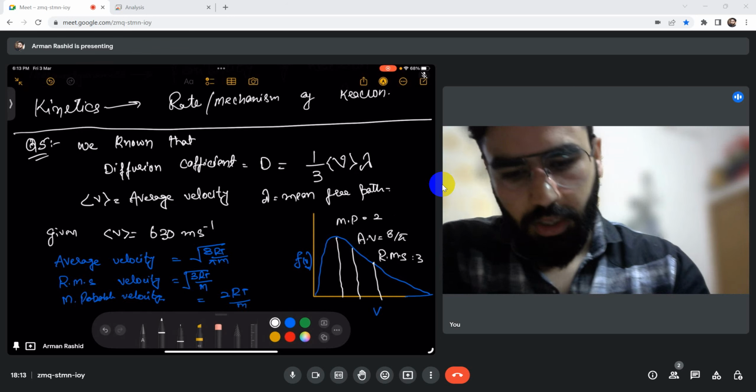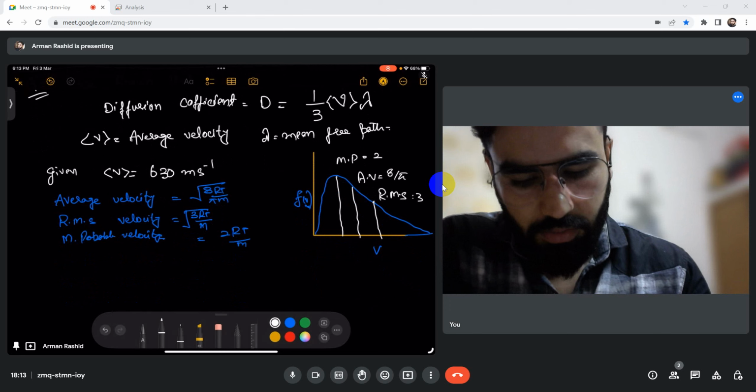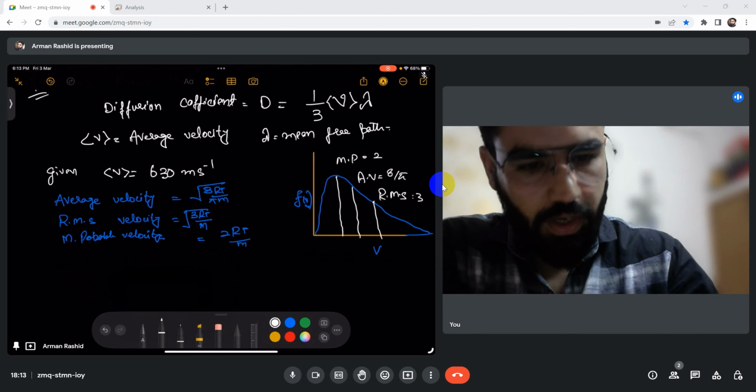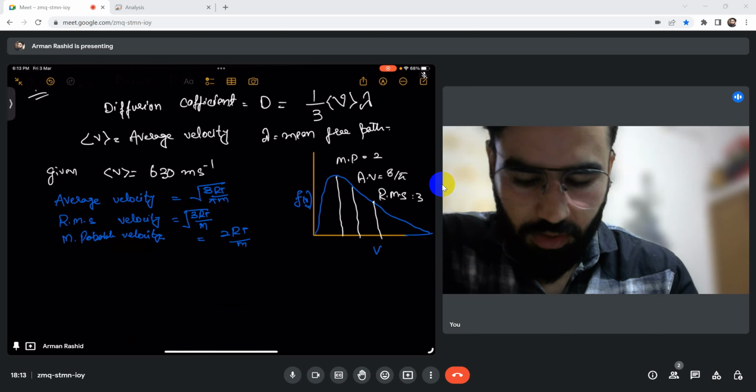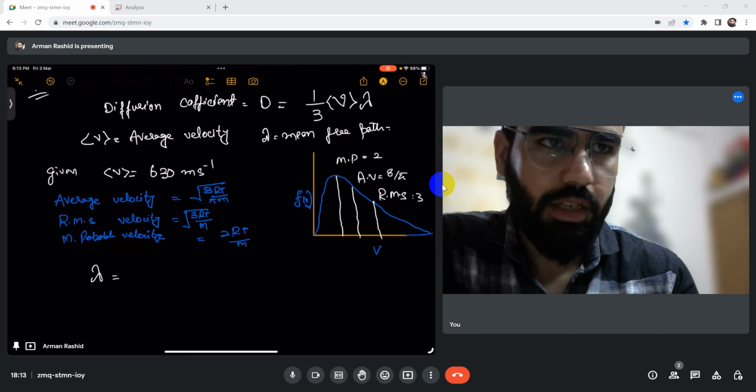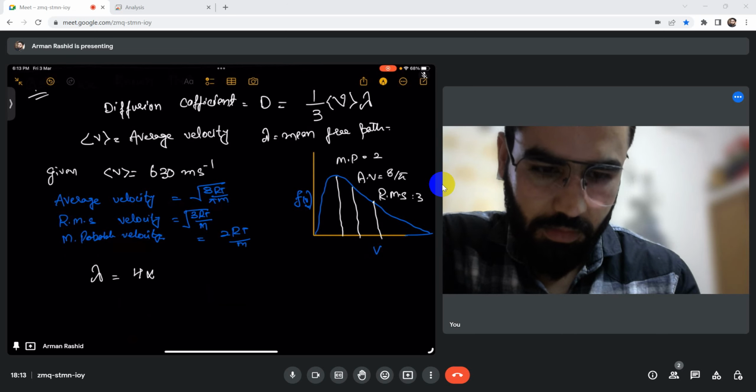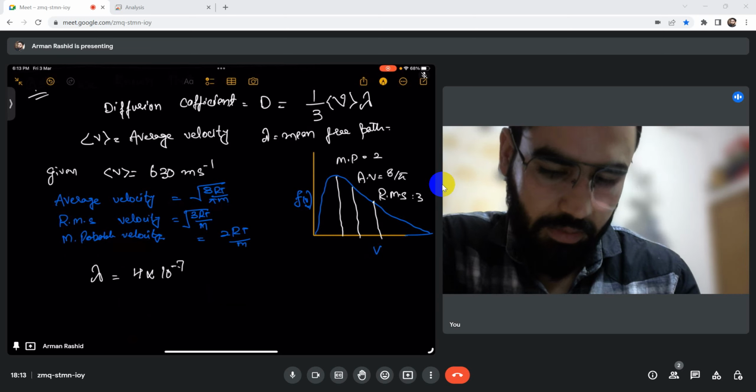So now in the question we have been given three things. One is the most probable velocity, and the second is lambda, the mean free path, given as 4 into 10 to the power minus 7 meter.